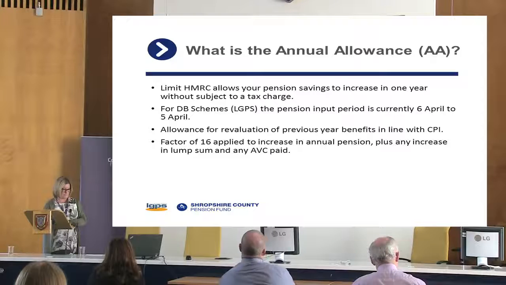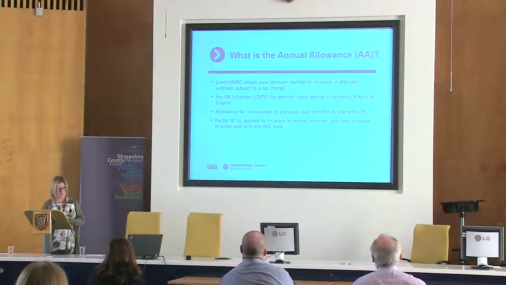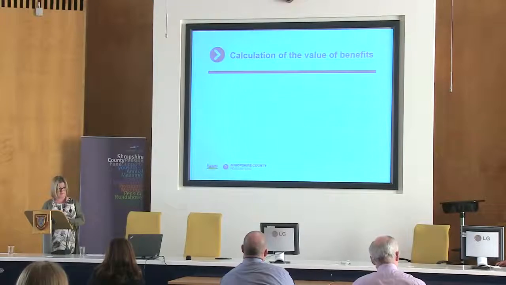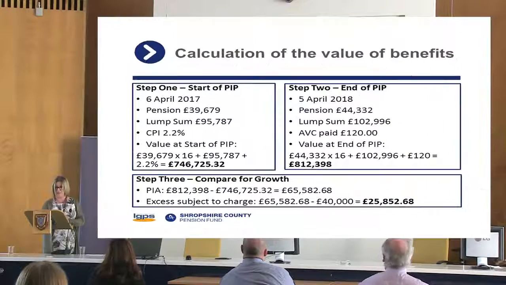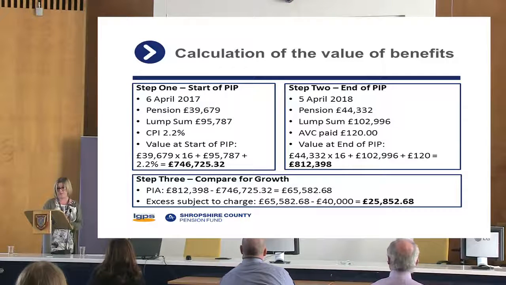So here's an example of how you value someone's benefits during the pension input period. This method is just for defined benefit schemes like the LGPS, so it is not the same as if you're paying into a money purchase scheme. So step one, you need to work out what the benefits are at the beginning of the period.